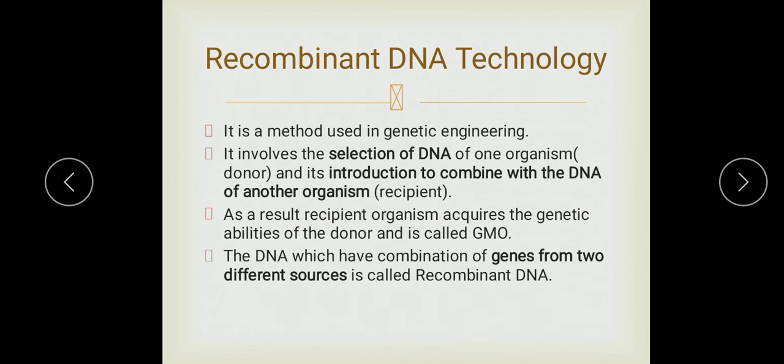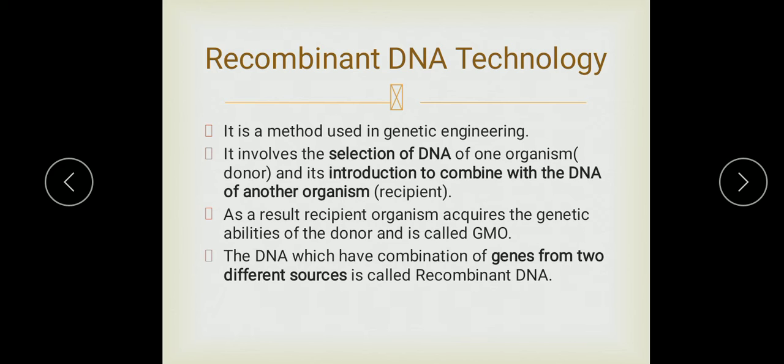So basically this technique involves the selection of DNA of one organism, and that organism from which the DNA is selected is termed the donor organism. Then this selected DNA or gene is introduced to combine with the DNA of another organism, and the organism to whose DNA the gene of interest is attached is termed the recipient.